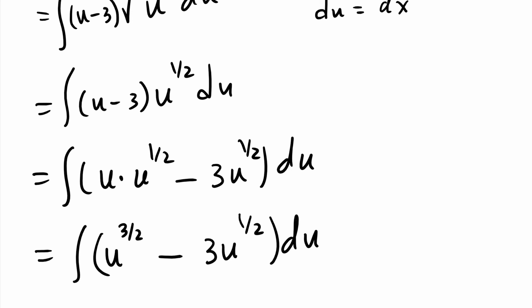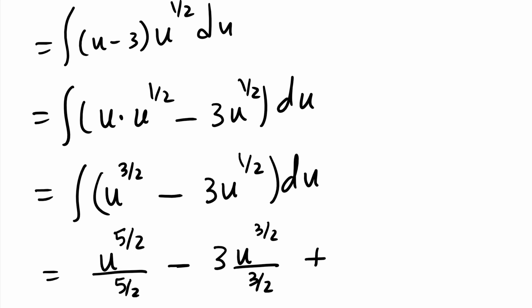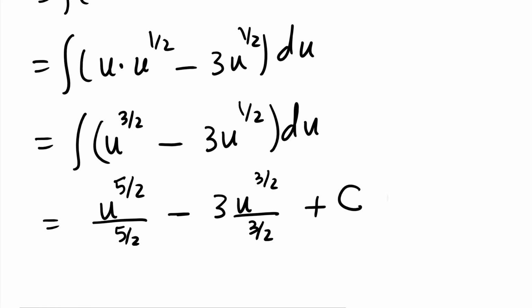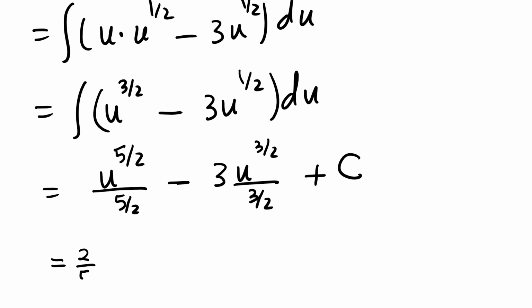What do we integrate here? So this is u, add 1 to this: 5/2, over 5 over 2. Add 1 to this: 3/2, 3 over 2, plus c. To simplify those complex fractions, we flip it. 2/5 u to the 5/2.